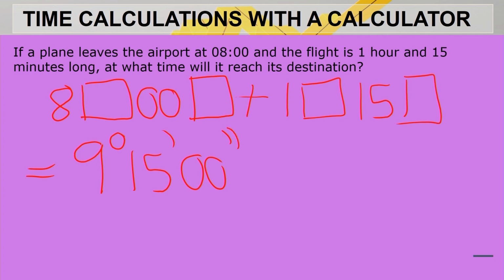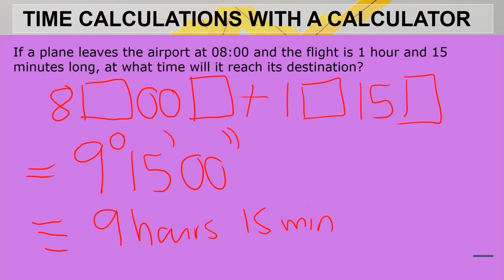But remember guys, this is not duration. You can't use degrees, so we need to rewrite it. 9 hours, 15 minutes. But that is for duration.